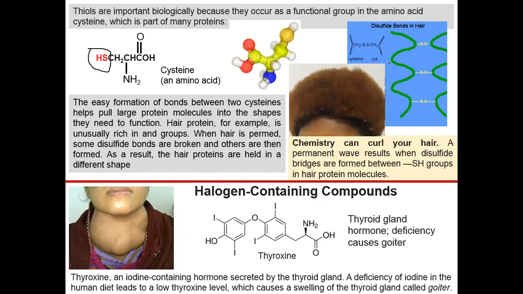If somebody has curly hair, it means that they have more of this cysteine in hair. And these sulfides, sulfur atoms, keep strands of hair together, and they make it curly. So it means that chemistry can curl your hair. A permanent wave results when disulfide bridges are formed between SH groups in hair protein molecules.